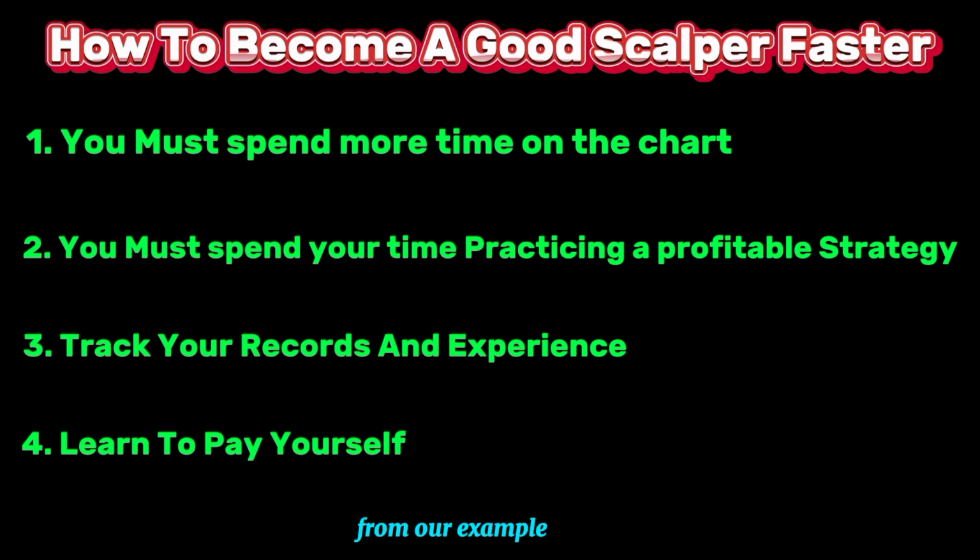From our example earlier, if I had that $75 in my account after all the scalping exercise, I will first of all pay myself at least $15, then continue with the rest of the money to scalp more, and maybe on the next payout I will be paying myself $25 or more. Learn to pay yourself, guys.